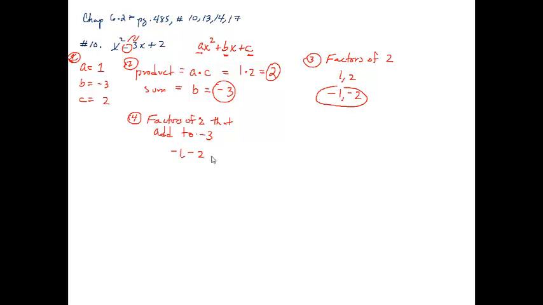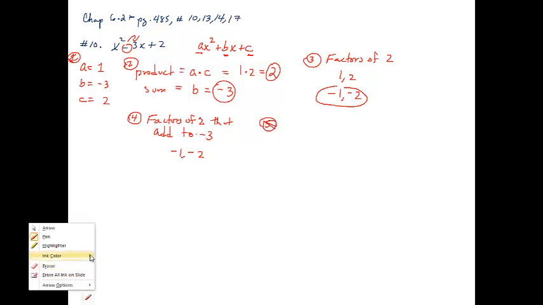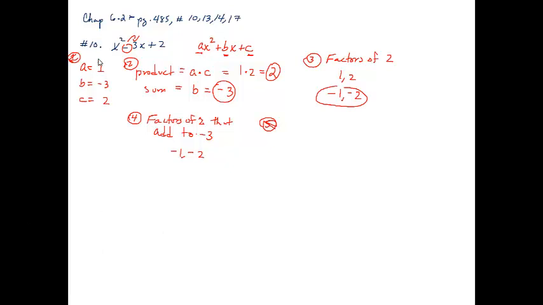And then the fifth step, because this leading coefficient is 1, we can jump right to the answer. All you're going to do is write x minus each factor. So it's x minus 1, as well as x minus 2.